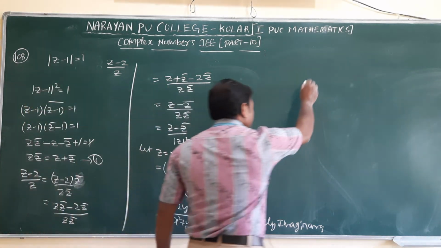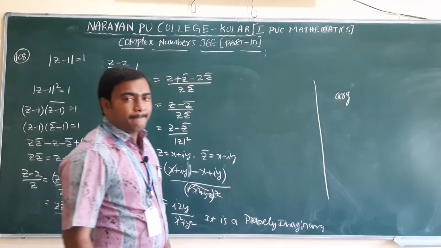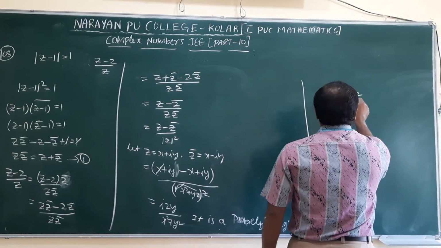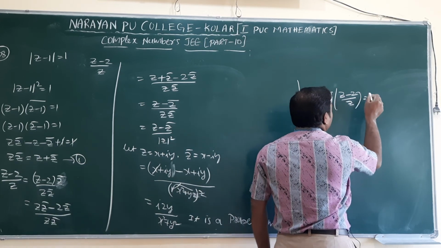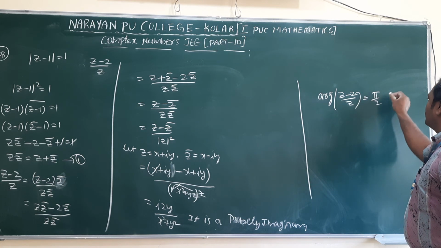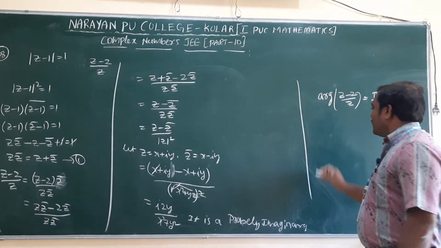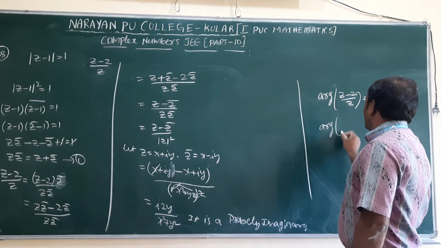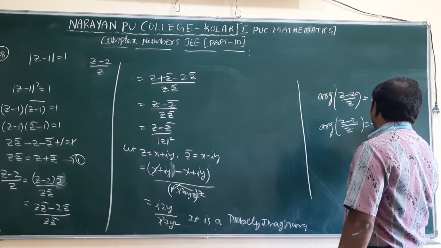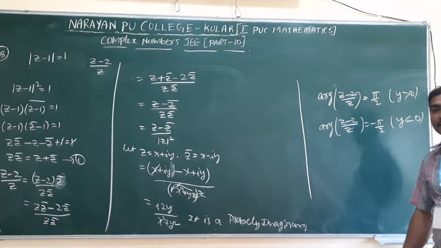The argument of z minus 2 divided by z is equal to pi by 2 when the y value is positive, greater than 0. The argument of z minus 2 divided by z is equal to minus pi by 2 when the y value is negative, less than 0.